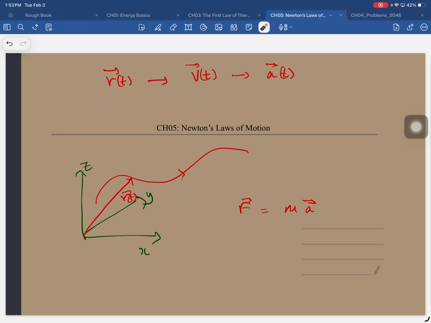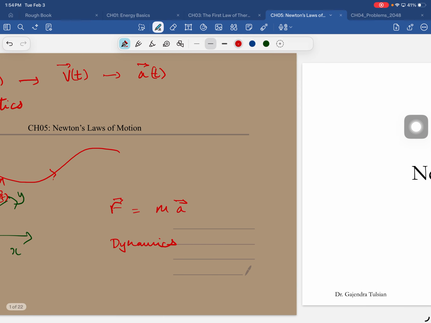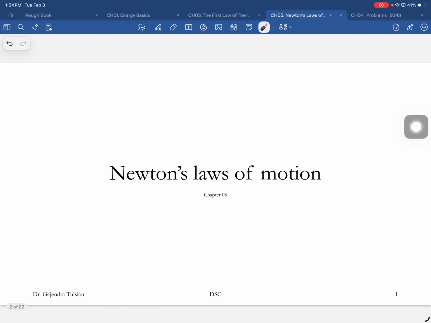Now here's an interesting fact. If you apply a force in the y direction, you only give acceleration in the y direction. Okay? So if this is 0 and this is 0, then those accelerations will be 0.